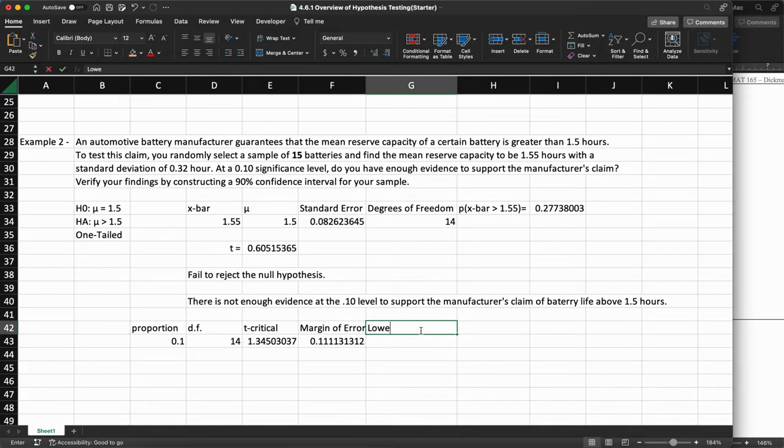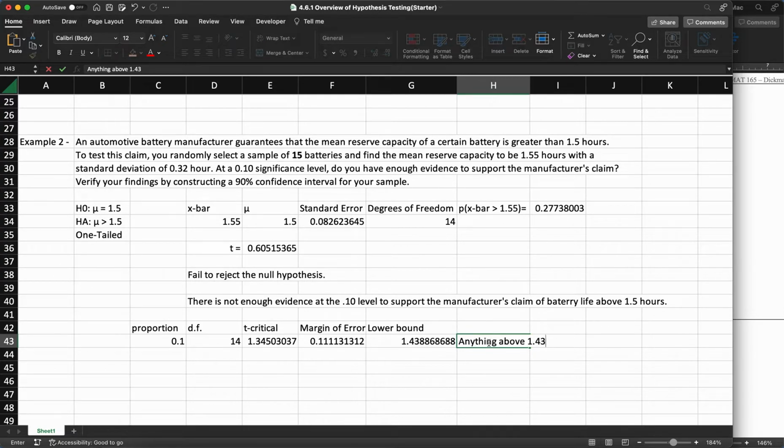So now, my lower bound is going to be found by taking the center of my confidence interval, which is x bar, not mu, and subtracting 0.111 from it. Now that gives me 1.438. Since that's just a lower bound, anything above 1.439 is in my confidence interval.